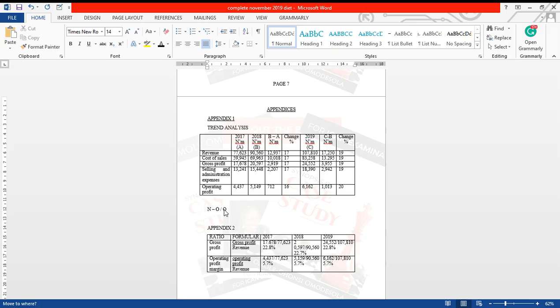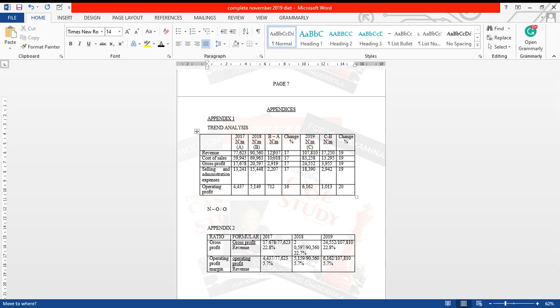Now, for instance, if you are doing 77,623 minus 90,560, you'll be getting a negative figure. Let's even say 77 minus 90, that's minus 13. You'll be getting, oh, the trend of revenue is negative, which implies that the revenue has been reducing.